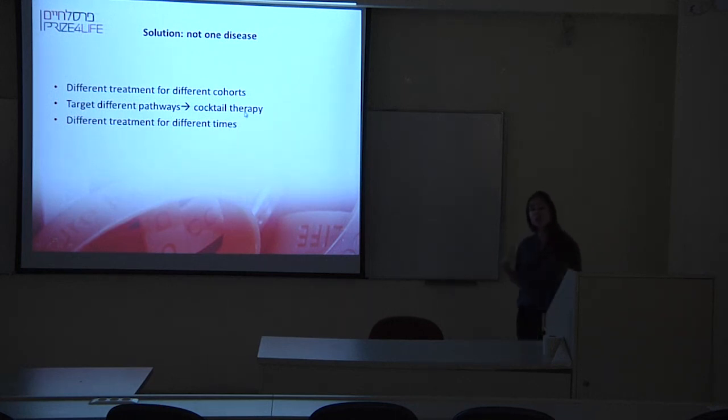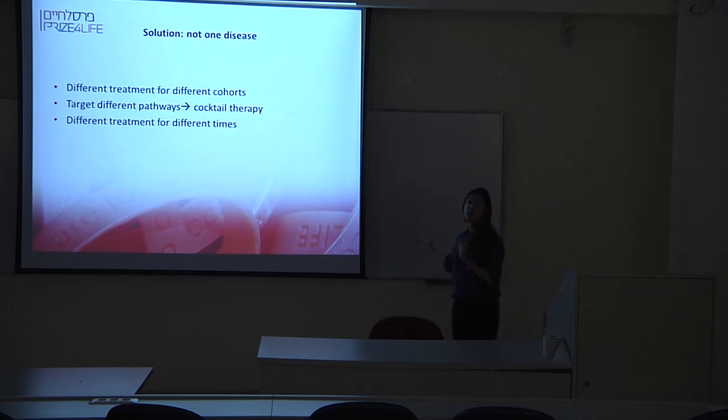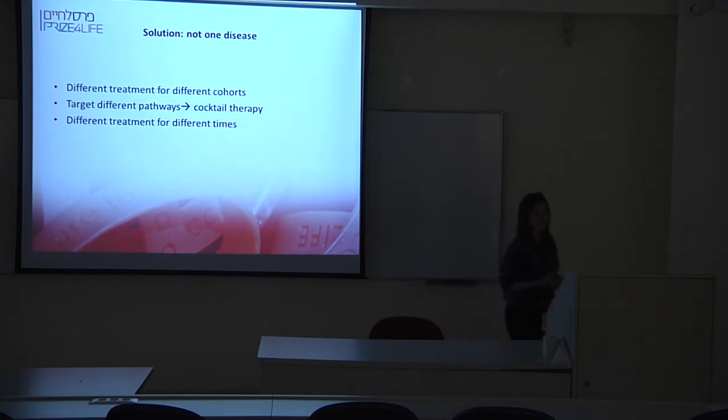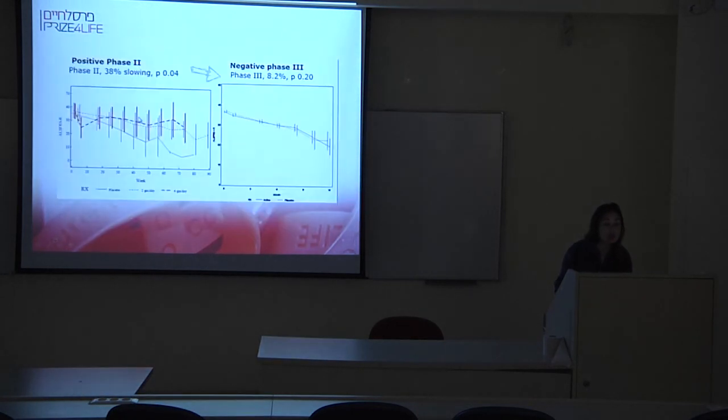You saw that there are different targets, right? So what if every target does have an effect, but not a very large effect? So what we need is a cocktail of therapies, each affecting a different pathway that is involved in the disease. And then, of course, maybe different ALS patients would actually benefit from different treatments.